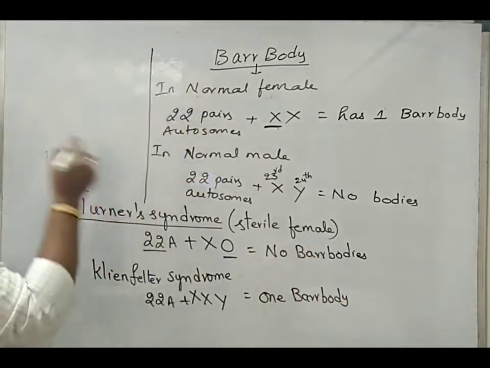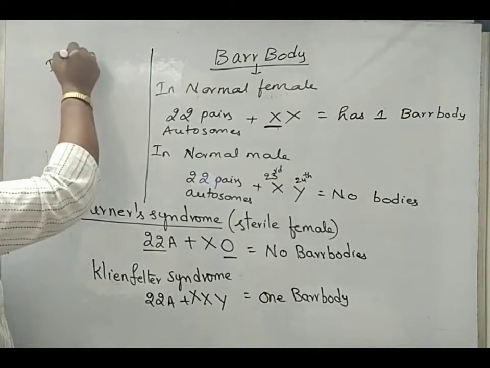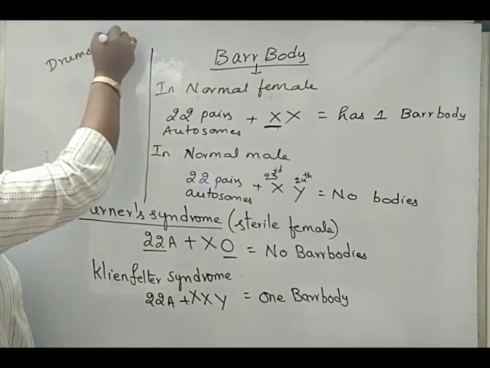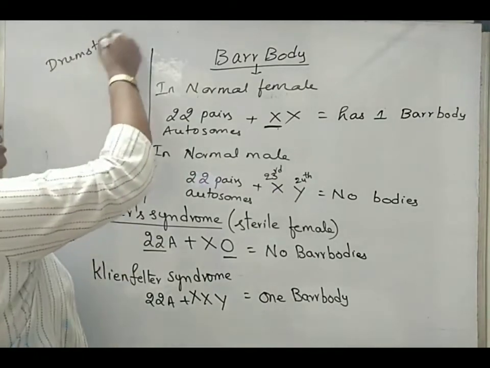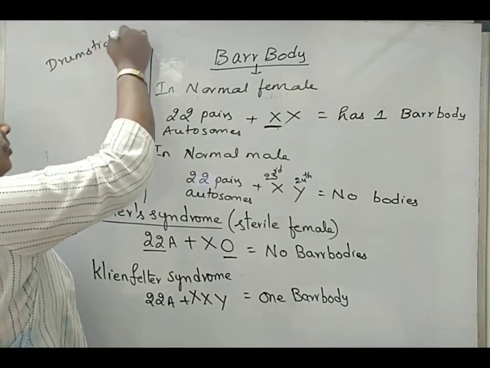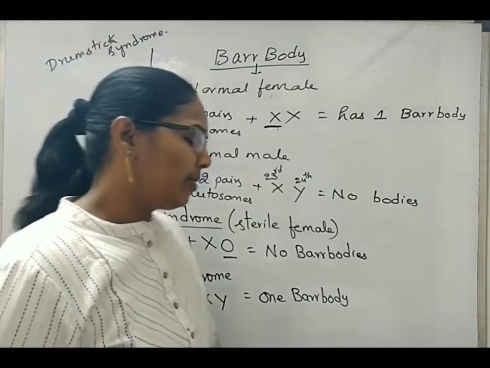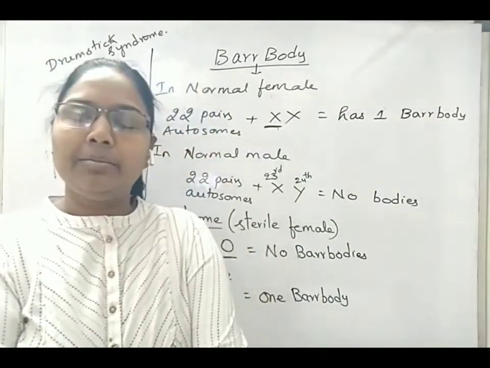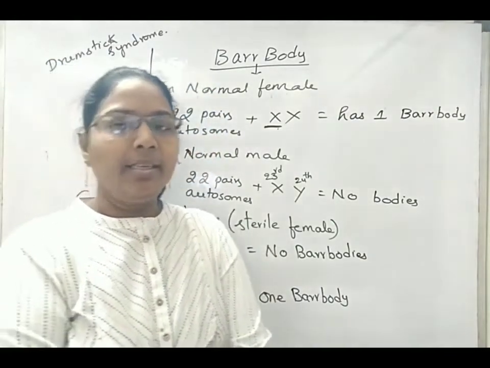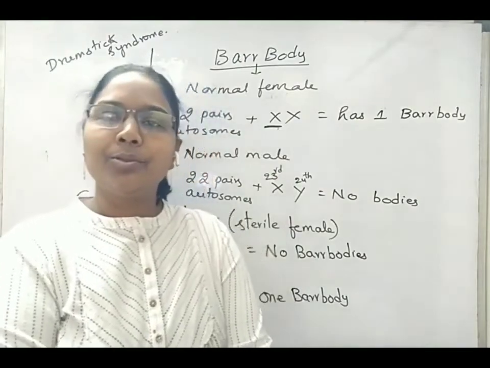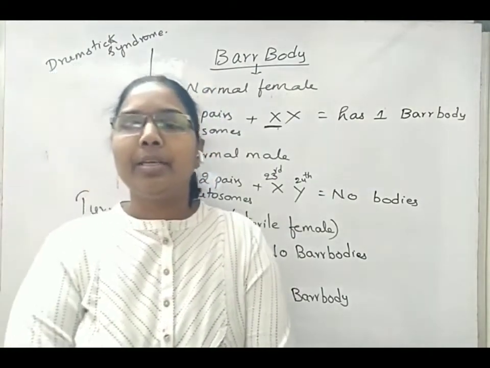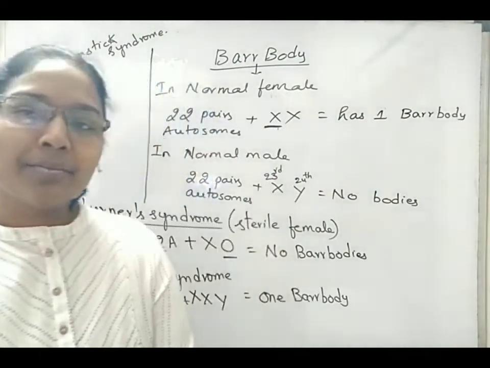If we take another example, that is drumstick syndrome, Barr bodies are projected in neutrophils, which have a minimum of 2 to 5 nuclear lobes. These Barr bodies inside the neutrophils, which are a type of WBC, appear drumstick in shape.